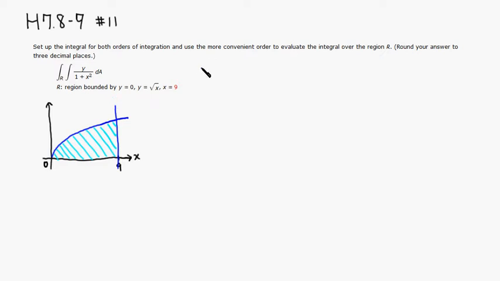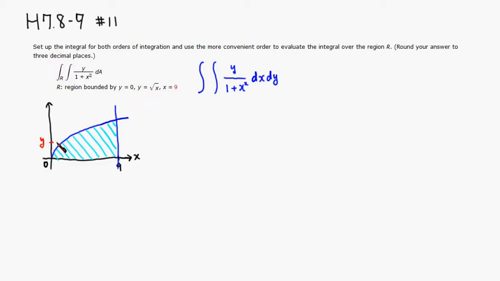So the double integral, same thing, y over 1 plus x squared. Let's do it with respect to x first, and with respect to y next. First we're going to fix y, somewhere here.